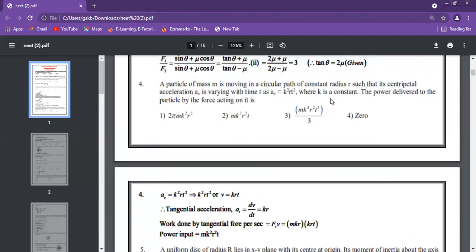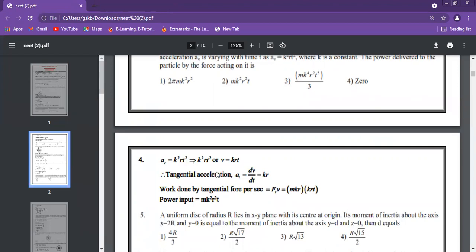And the fourth one, they give centripetal acceleration as a function of time t, and they ask power. From that acceleration, we can find out velocity. Then tangential force is obtained from the differentiation of the velocity.